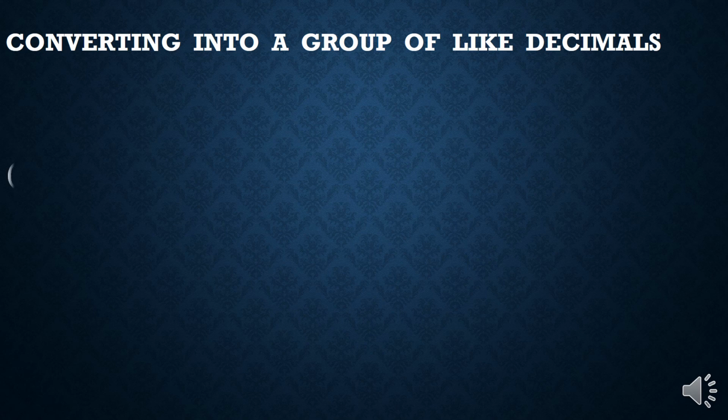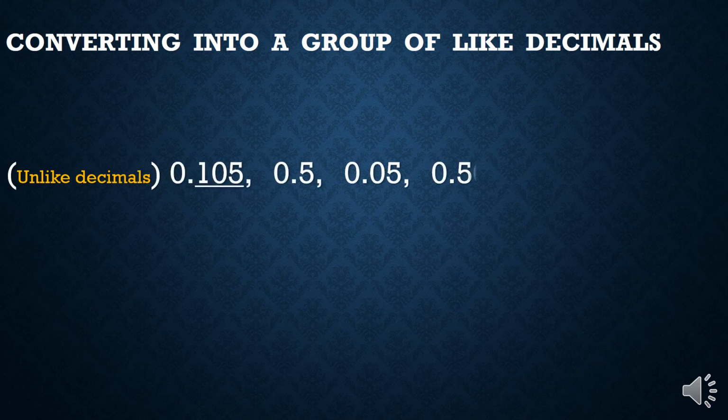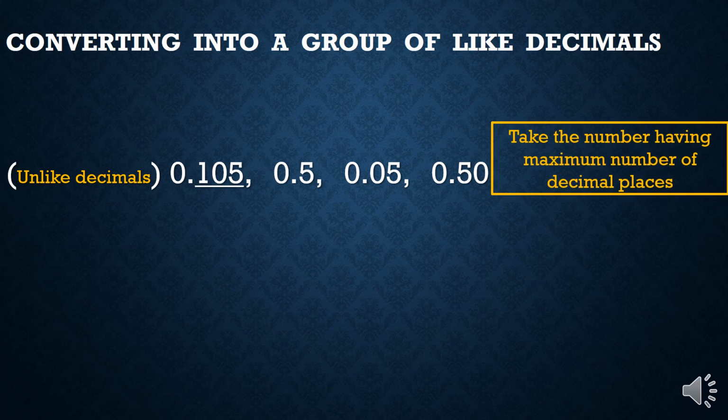Our next topic is converting into a group of like decimals. Let us take a group of unlike decimals: 0.105, 0.5, 0.05 and 0.50. Take the number having the maximum number of digits after decimal. Yes, the number is 0.105. And how many digits after decimal? Yes, 3.